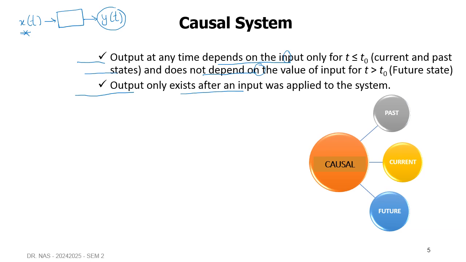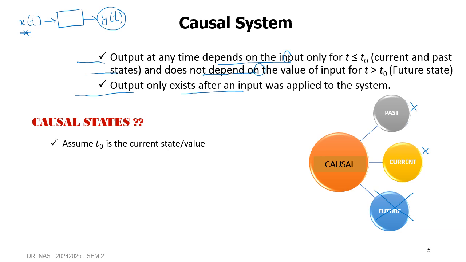Okay, the system is said to be causal when there are two conditions, which are when you have the past states and when you have the current state, but there's no future at all in a causal system. So what are the causal states?